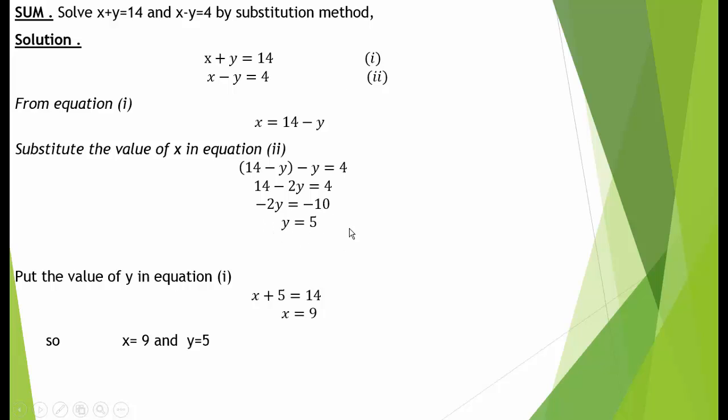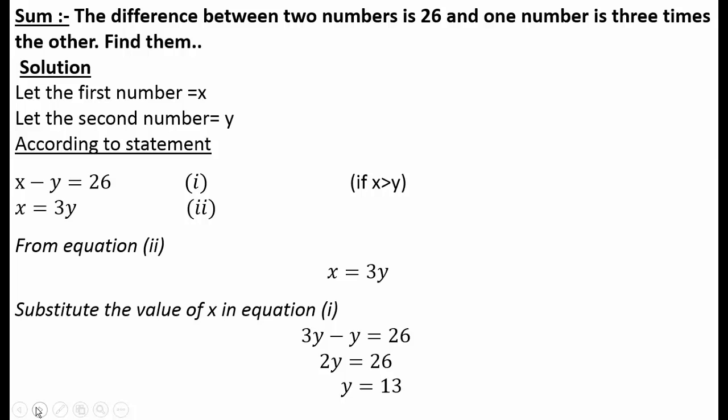And again we will put that numeric value of y in the first equation and solve for x. Then we did some word problems based on this. We did two word problems. The first was based on the number system, and the second based on angles, that is geometry.